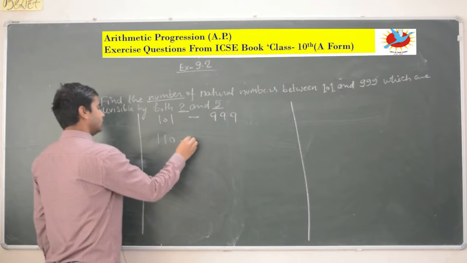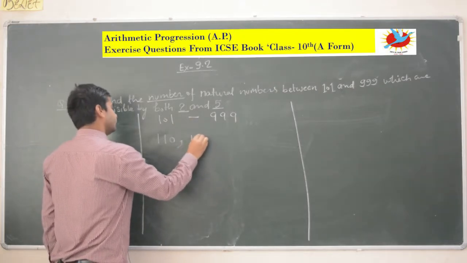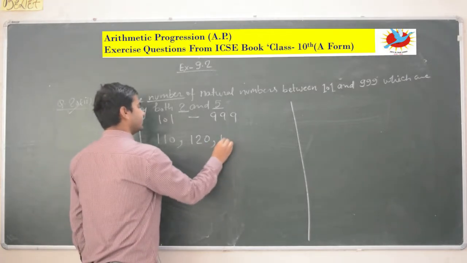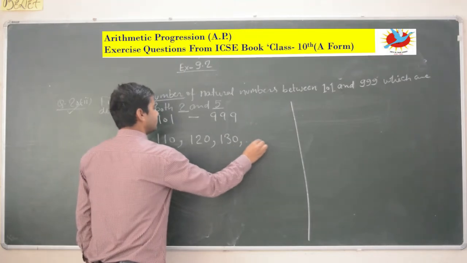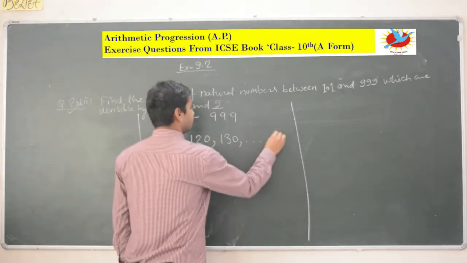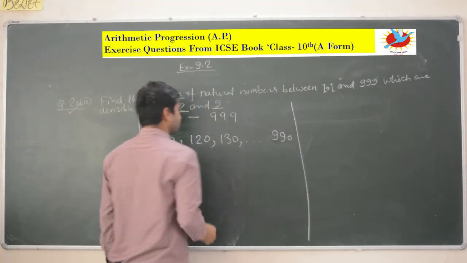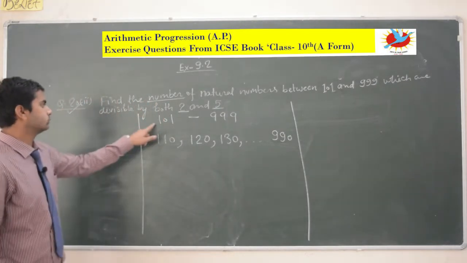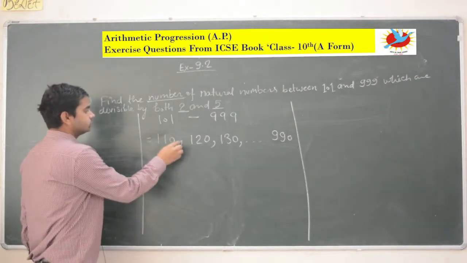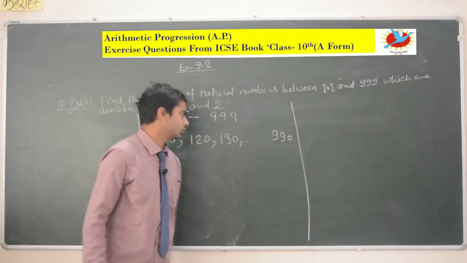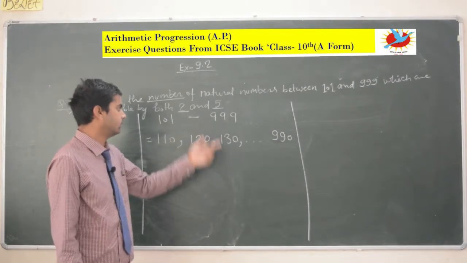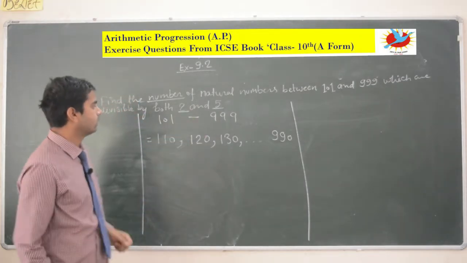The next number divisible by 2 and 5 will be 120, and the next will be 130. Okay, so in this pattern numbers will come, and the last term that will be divisible by both 2 and 5 will be 990. So all the numbers between 101 and 999 that are divisible by 2 and 5 are 110, 120, 130 up to 990. This is the whole sequence that exists between 101 and 999 that is divisible by both 2 and 5.